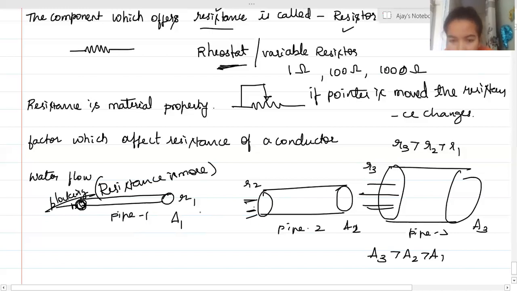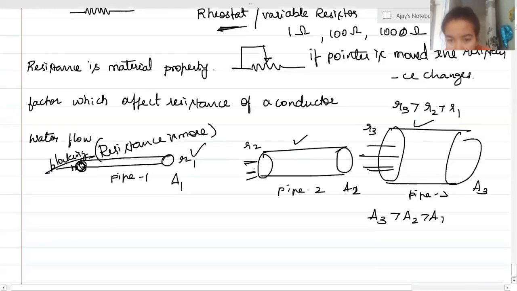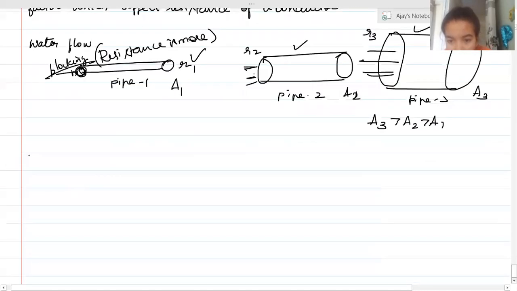The third pipe will allow more water than 2 and 1 because its opening is more. So the resistance of the first pipe is most, the second less, and the third lowest. So I can define that resistance depends upon the area of cross section.